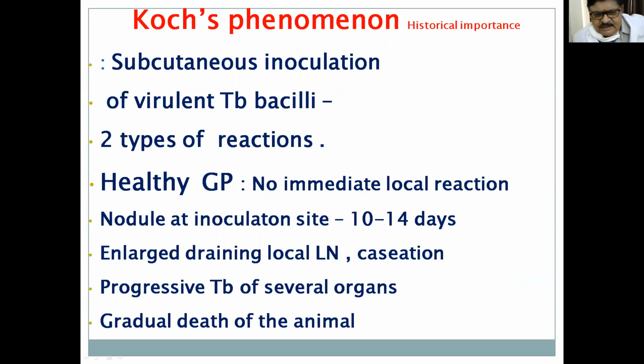If you take a healthy guinea pig, which was not exposed earlier, there is no immediate local reaction. A nodule at the site of inoculation may appear in 10 to 14 days, gets enlarged, and drains to the local lymph nodes. Caseation can be there, with progressive tuberculosis of several organs and gradual death of the animal.